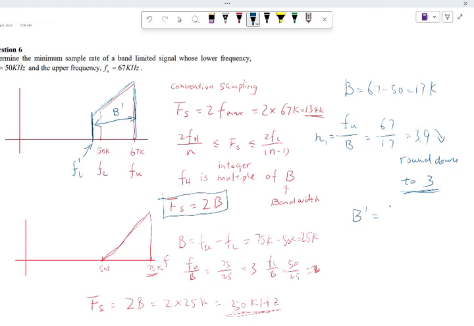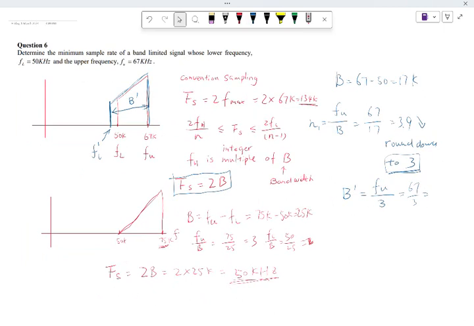The new bandwidth is the upper limit divided by the new n, 3, so 67 divided by 3, which is 22.3K.